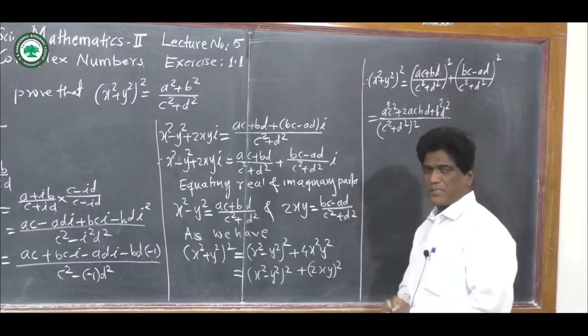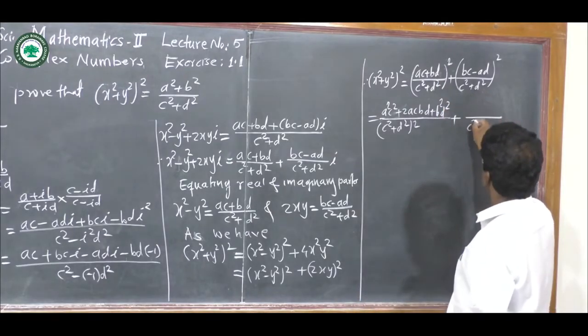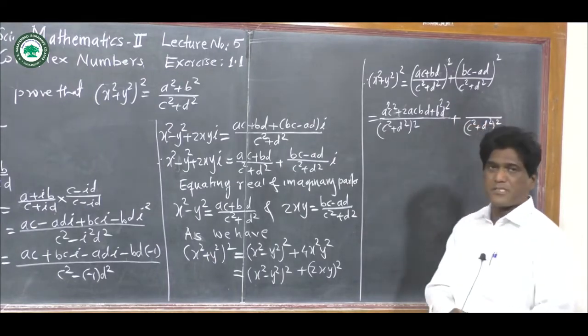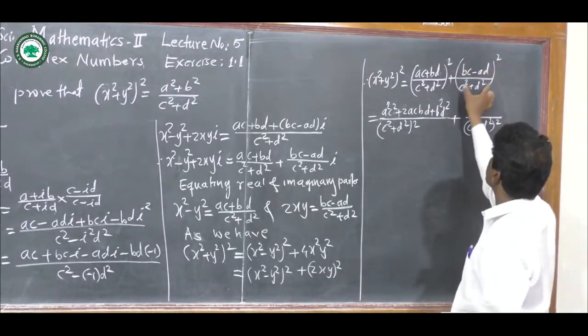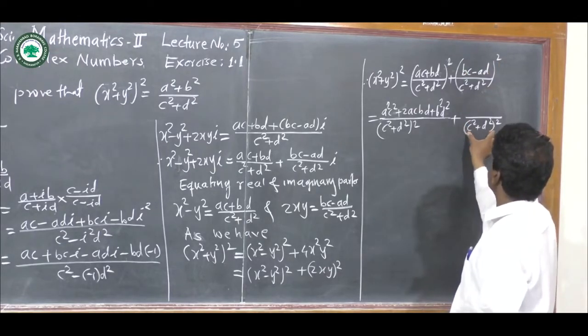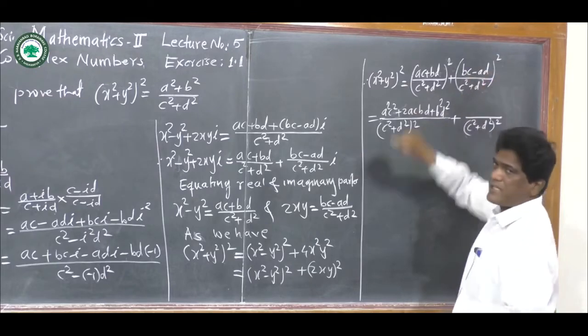We expand numerator. Plus here also this (c square plus d square) bracket square, because here square, so numerator square upon denominator square. We write denominator square.